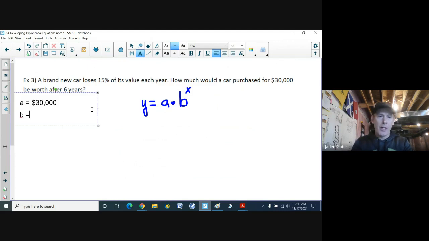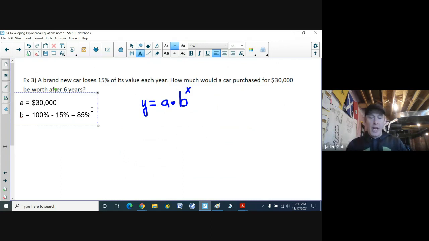Now the multiplying rate is a little bit different. When you first have this car, it's worth $30,000, but after 1 year, you lose 15% of the value. And so after each year, your car is only worth 85% of what it was worth the year before.